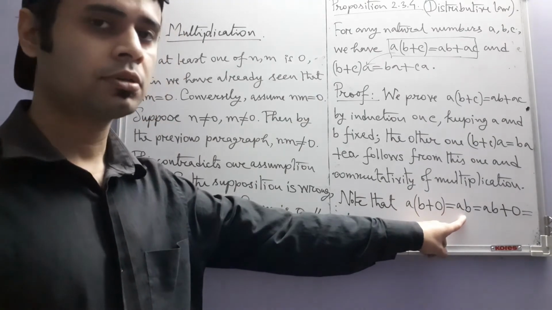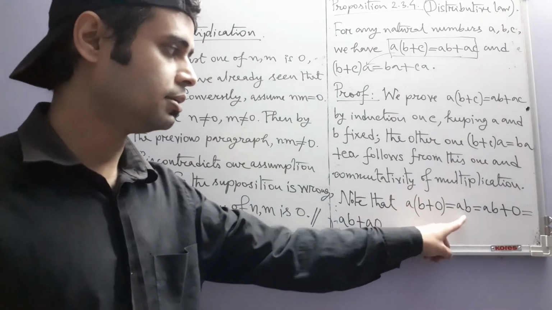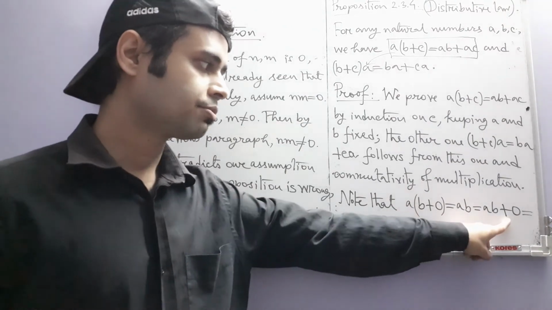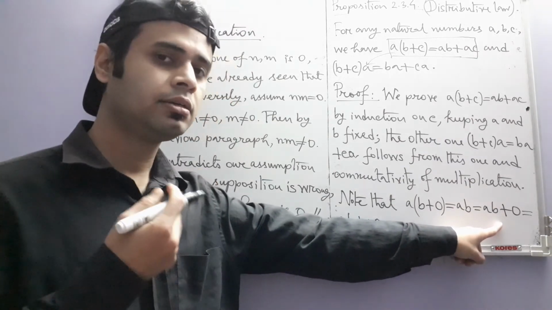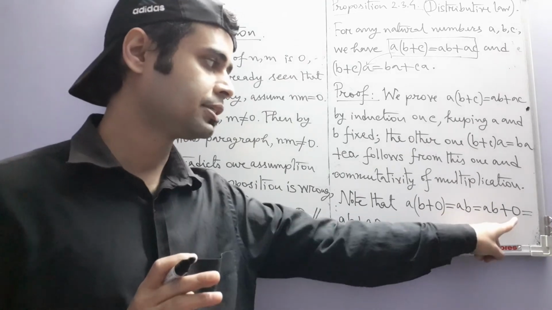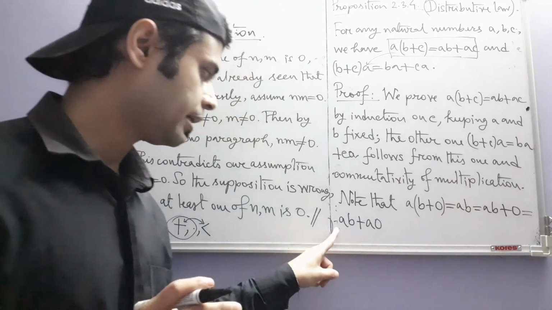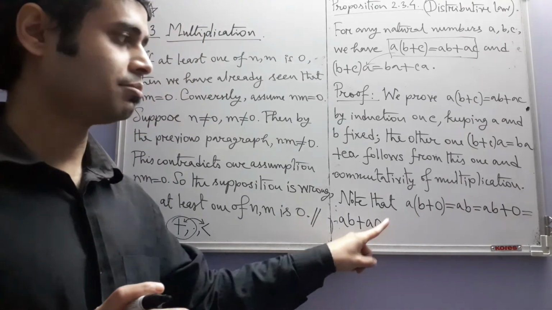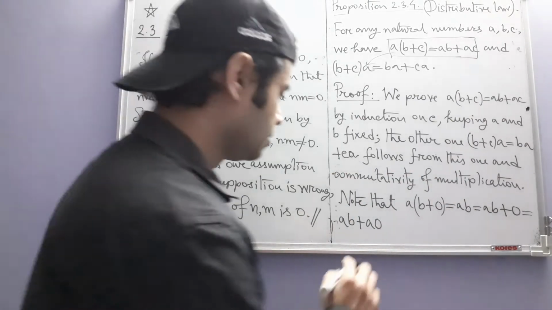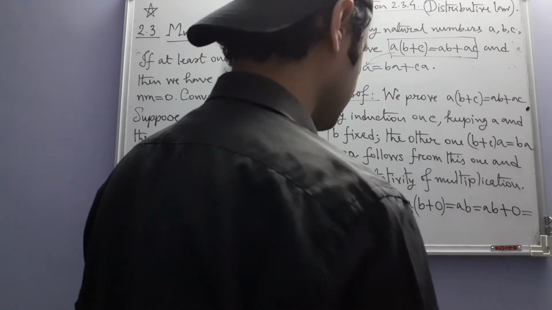This calculation of course comes from the fact that C is 0. This one comes from properties of addition. We will now just vaguely mention them like that, properties of addition. This again is equal to this. Here we have used the fact that A times 0 is 0. So we have the base case.